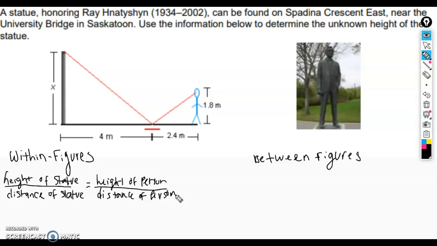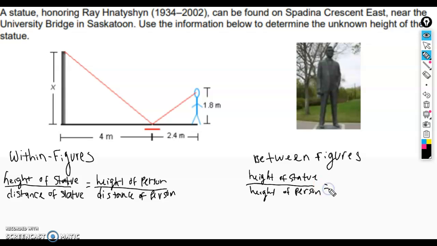Between figures is when you're mixing and matching in a way. So if I start with the height of statue, if I'm going to go between my figures, I'm going to now look at the height of the person. Please notice that I'm still looking at the same corresponding value, like height, but I'm looking at the two different figures now.